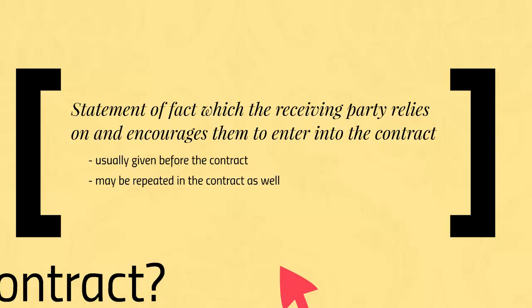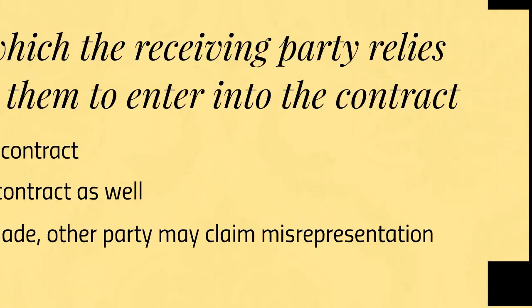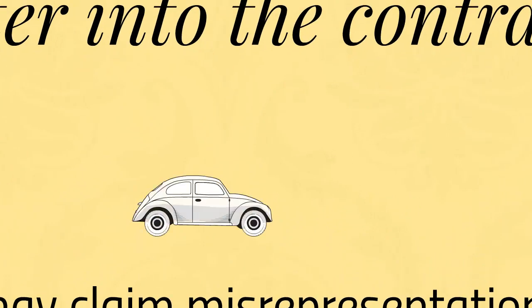Now, of course, you can't go around just saying anything you want, any statement of fact to encourage someone to enter into a contract, because if you make a false representation, then the other party is liable to claim misrepresentation. So let's use our example of your car. Now, we know the issue was the wheels, don't we?